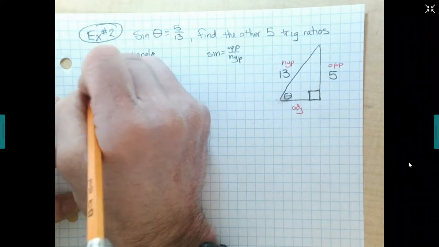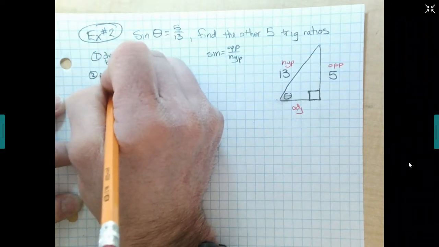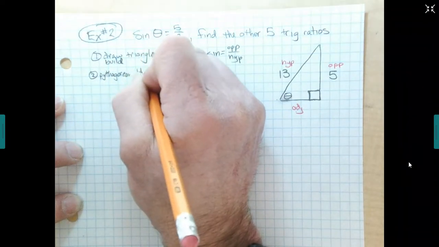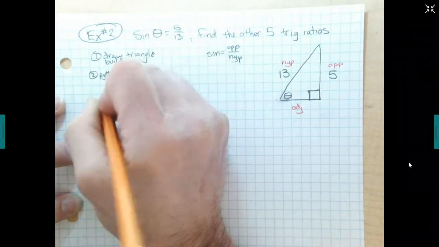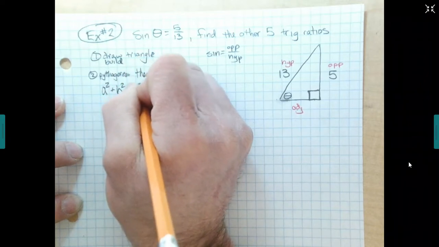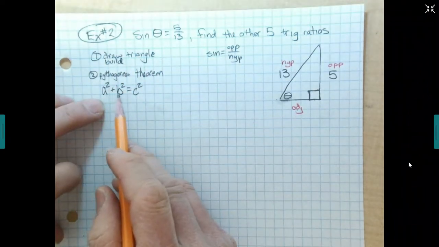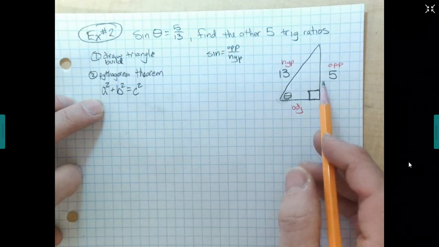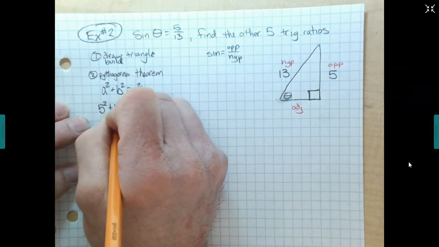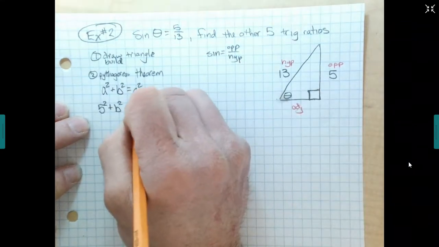Second is the Pythagorean theorem. If you remember, that's a squared plus b squared equals c squared, or leg squared plus leg squared equals c squared. So we have 5 squared plus b squared equals 13 squared.